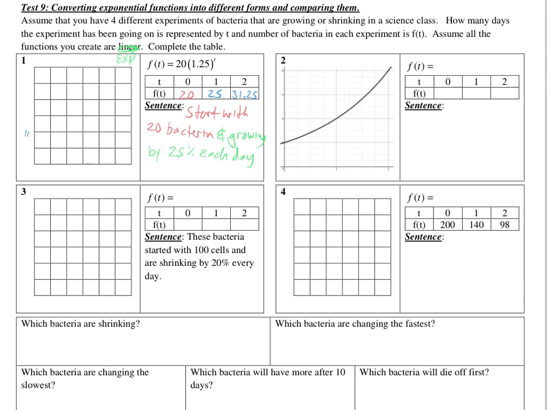So I'm going to go 10, 20, 30, which is by 5s. And then I'm going to plot these dots. At 0, I have 20. At 1, I have 25. And at 2, I have 31.25, which is a little bit above. And there we go.